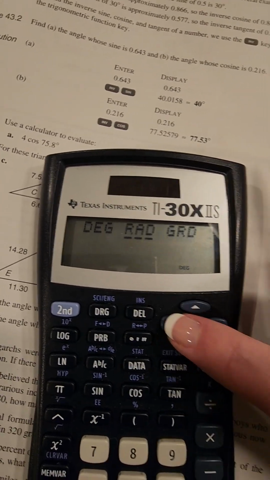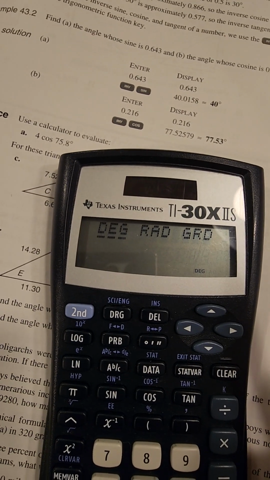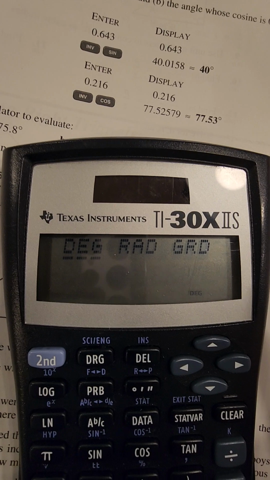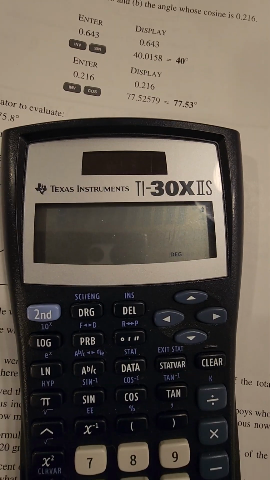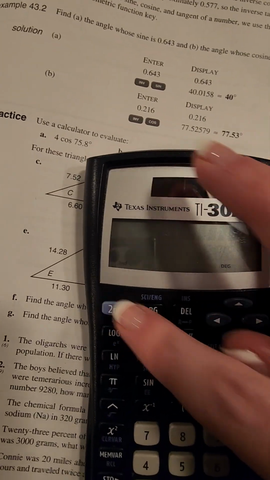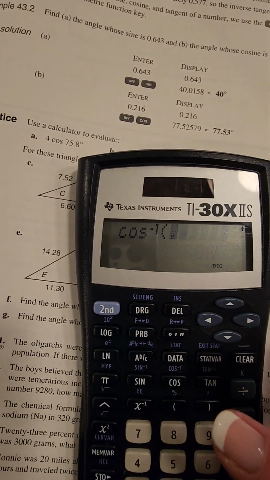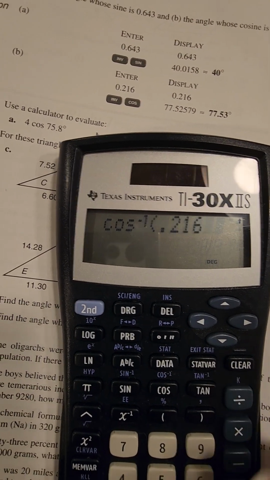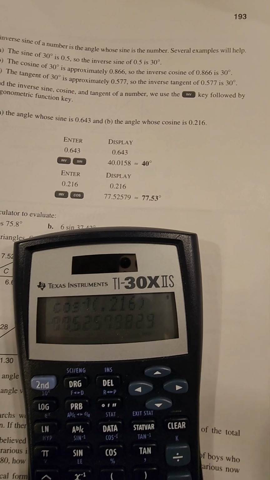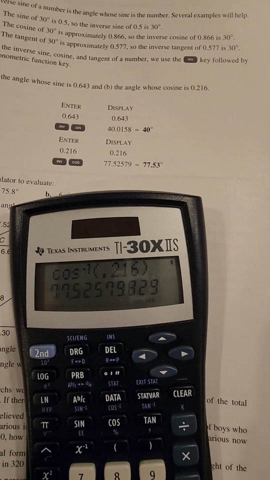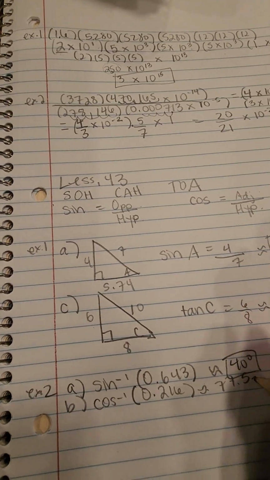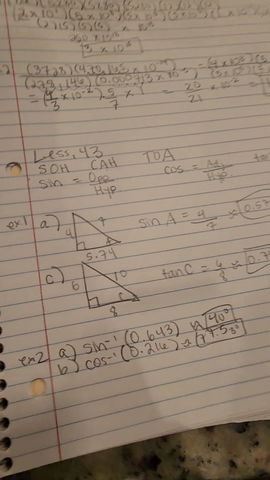This one, rad, we want to be in degree mode, okay? So if you're getting crazy answers, there's a possibility that your calculator could be in radian mode. We don't need that right now. So let's do the inverse cosine of 0.216. And then it's just beautiful, pops out what it's supposed to be, 77.53 approximately. Please don't forget your degree symbol there.